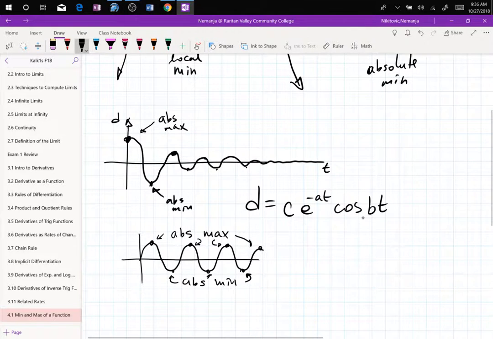The goal of this section is not only to teach us about what exists out there, but also how to compute them, because we are always considering application problems. We are going to have in 4.4 word problems to optimize. We are going to look for maximum volume, minimum surface area.